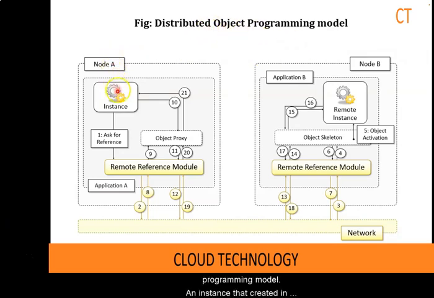An instance created in Node A asks for a reference in the remote reference module to call the method available in the remote instance of Node B through the object skeleton with object activation, and then returns the object reference to the object proxy of Node A. Next, the object proxy in Node A passes the values to the object skeleton of Node B. The executed object passes the returned values to the Node A instance through the skeleton and object proxy.